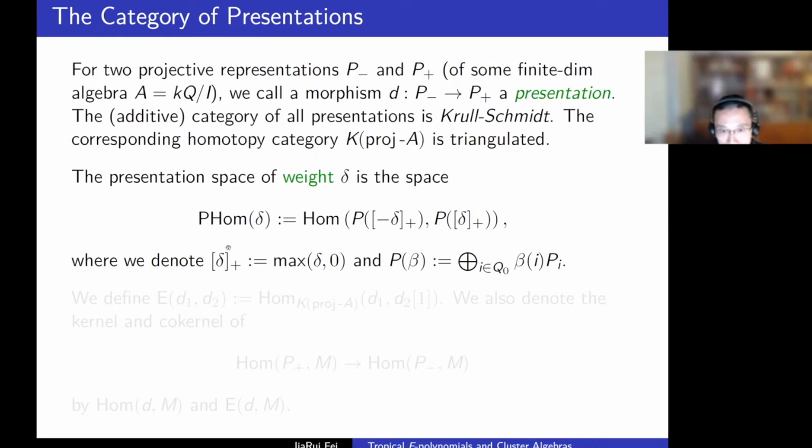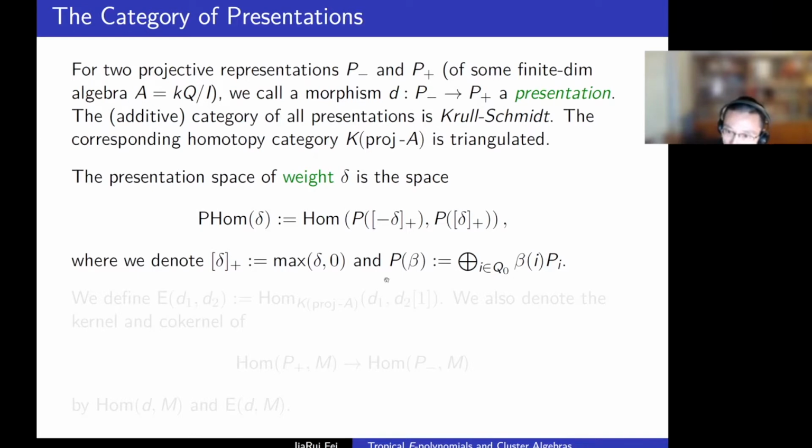But the notation is a little bit heavy, so it's better to look at this one by one. Recall that for the algebra with relations, the indecomposable projective representations are in one-to-one correspondence with the vertices. So P_i here is the indecomposable projective representation.